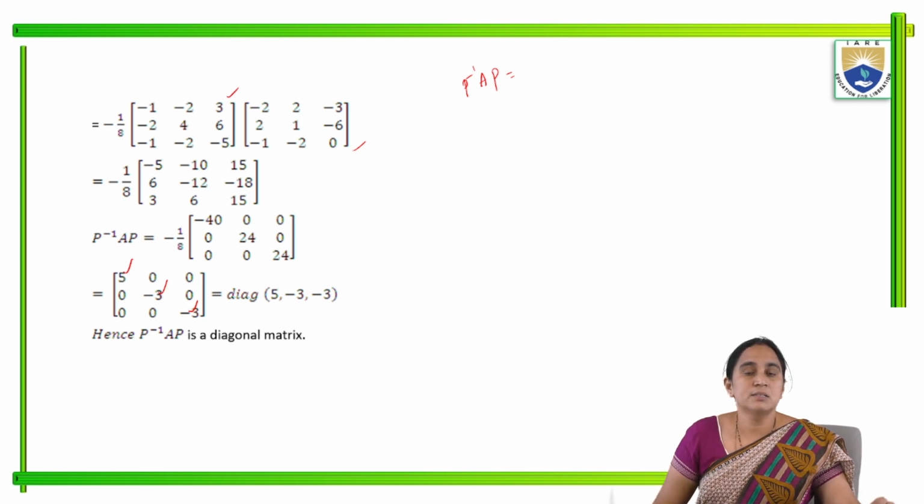In the diagonal matrix, the diagonal elements are the eigenvalues of the given matrix. So our answer is correct, and the given matrix is diagonalizable.